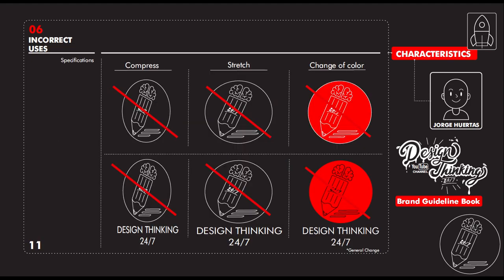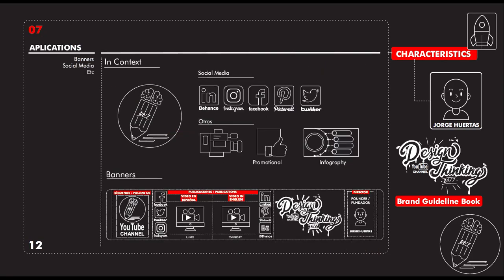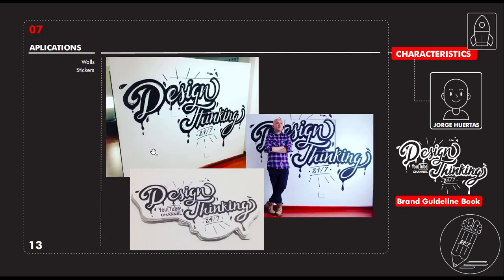These are the incorrect uses of our brand, so we want to focus on this. And here is something very important because these are the applications of our brand identity, first in context and then in social media, in other developments, promotion, infographics, banners, and many more.